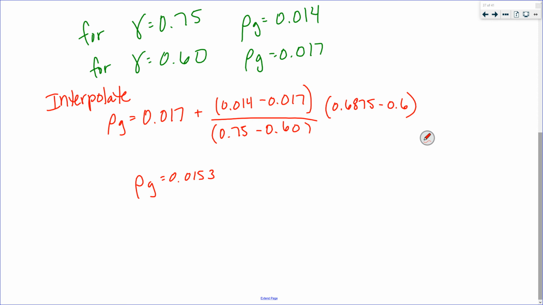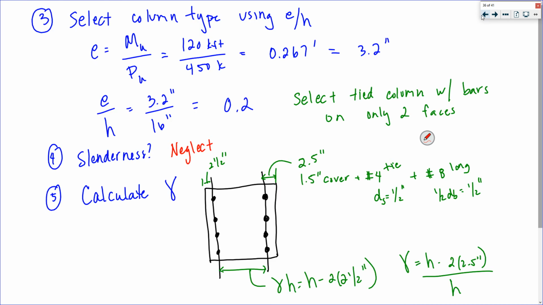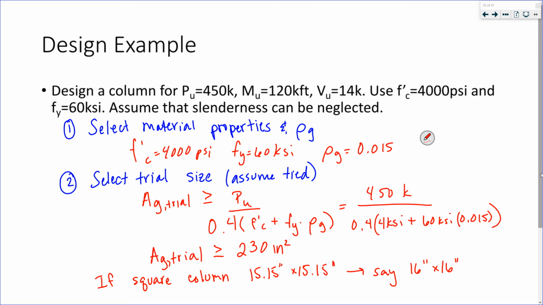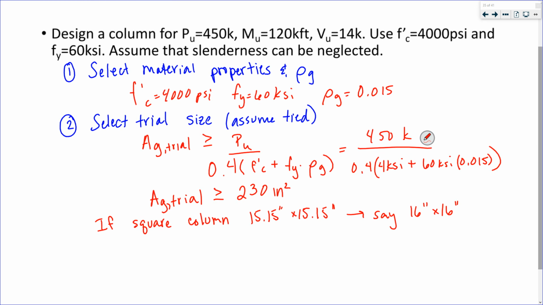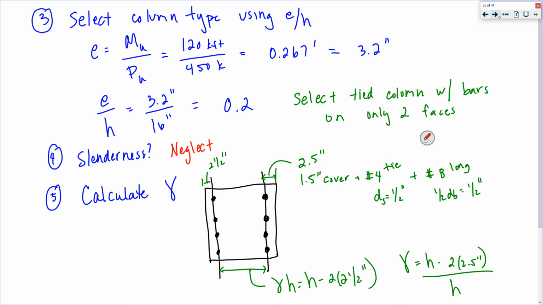So far, I selected a column size based on a guess, which is actually very close. Selected a trial size based off of that. So I'm going to say a 16 by 16 column. Because it has quite a bit of eccentricity to that axial load, I'm going to have a square column with bars on only two faces to try to maximize my moment capacity.